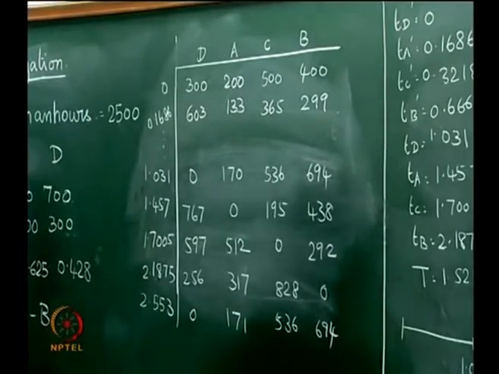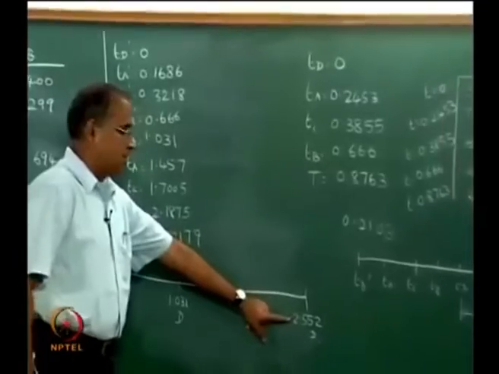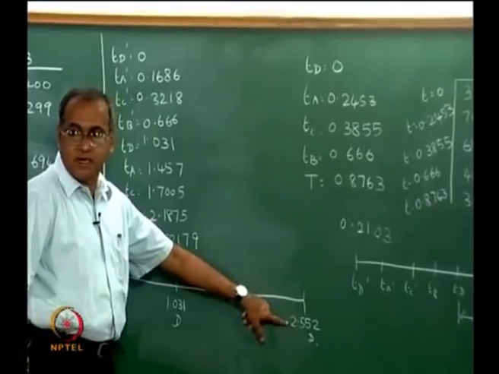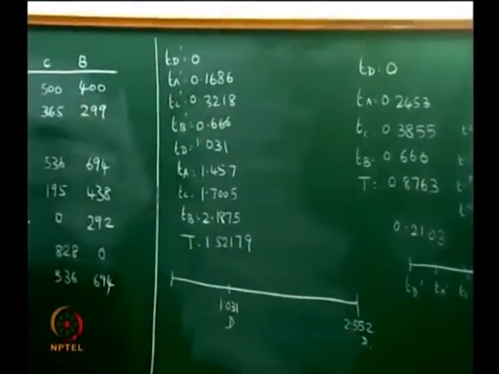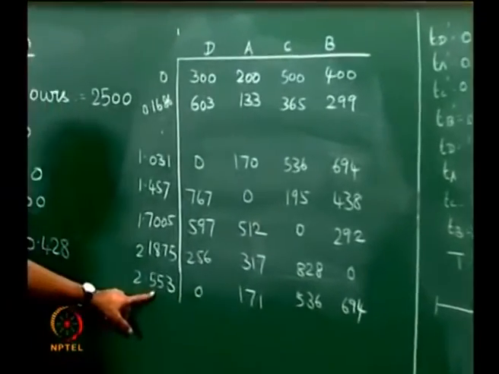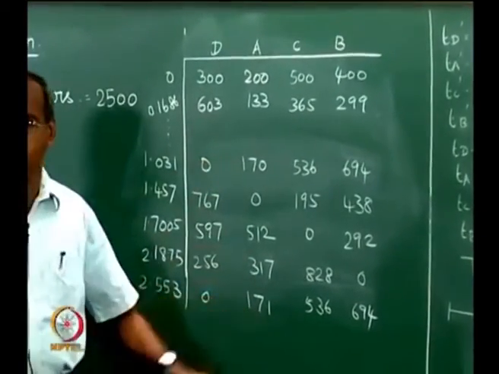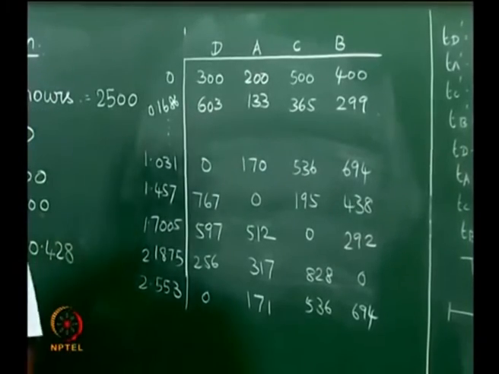There are some minor rounding errors. This 2.552 is written as the starting time of the next cycle of D. The last third digit is a rounding off, here it is given as 553. Similarly, the 170 and 171 is due to round off.